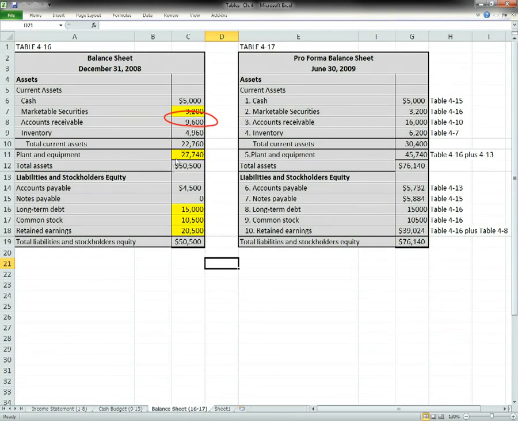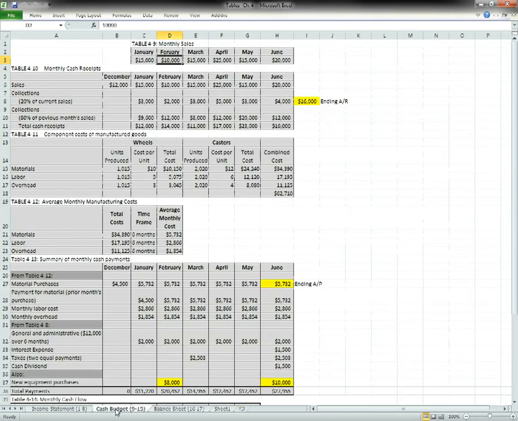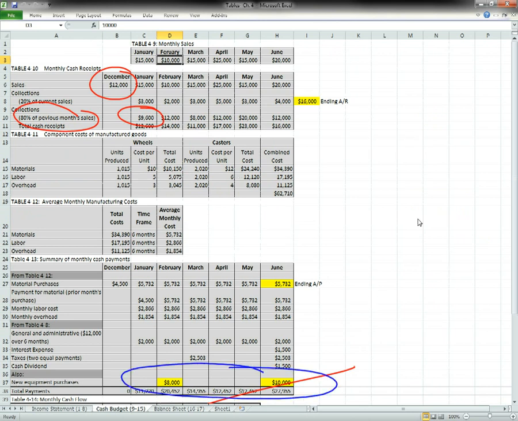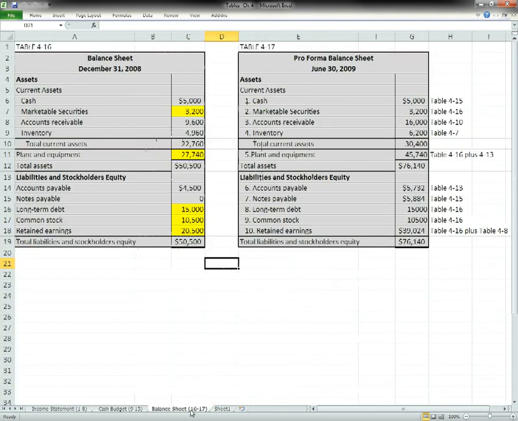The plant and equipment, we're just assuming originally was $27,740, but we did add additional plant and equipment, which I'll highlight in blue at the bottom here. Additional plant and equipment we purchased, those were those two yellow numbers. We add all that up, we get total assets of $50,500.